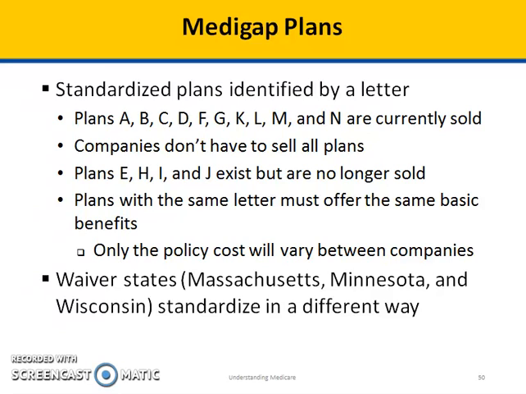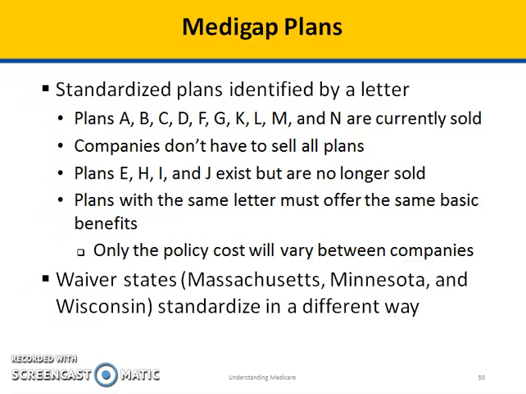So that's why you are encouraged to shop carefully for a Medigap policy. Insurance companies selling Medigap policies are required to make Plan A available. If they offer any other Medigap plan, they must also offer either Medigap Plan C or Plan F. Not all types of Medigap policies may be available in your state.